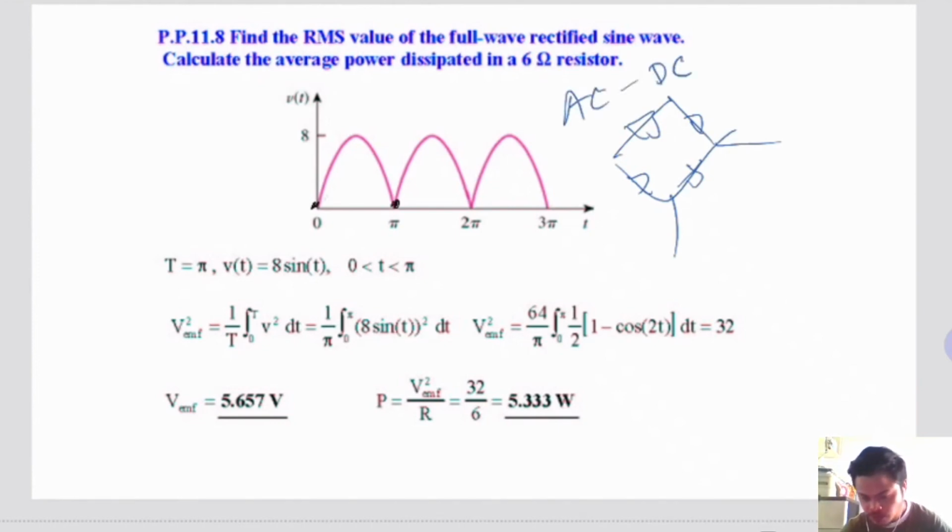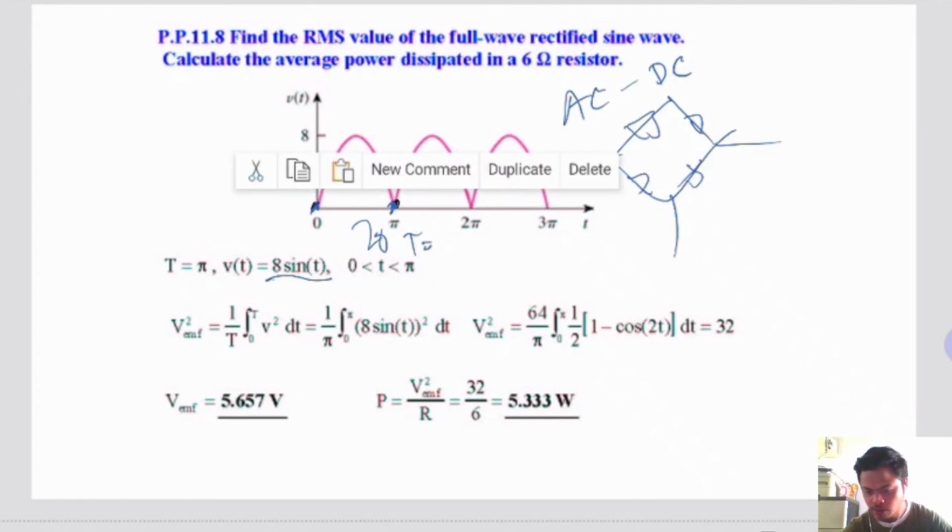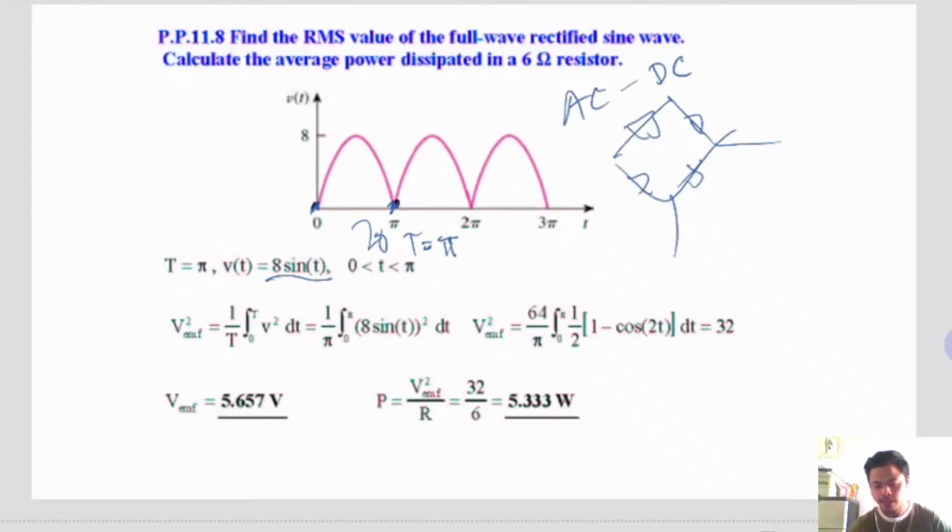The function for that is the voltage 8 sine t at interval 0 to pi. This is your one period, meaning your one period is equivalent to pi, or one cycle.